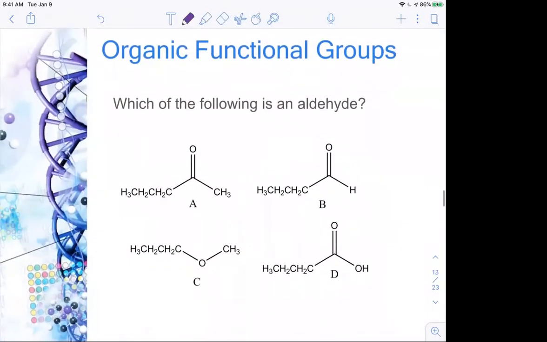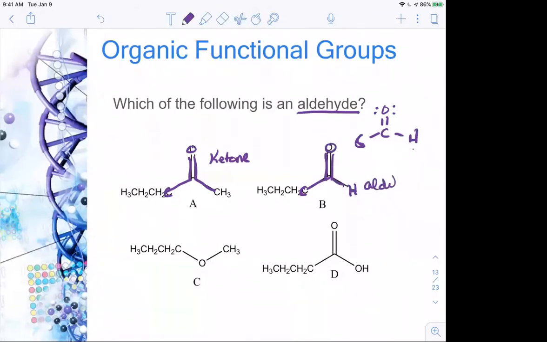So based on what we know, which of the following is an aldehyde? Well, an aldehyde is something that contains a carbonyl, and on this side I have a carbon group, and on the other side I have a hydrogen. So this is carbon, carbonyl, carbon. This would be a ketone. This is carbon, carbonyl, hydrogen.